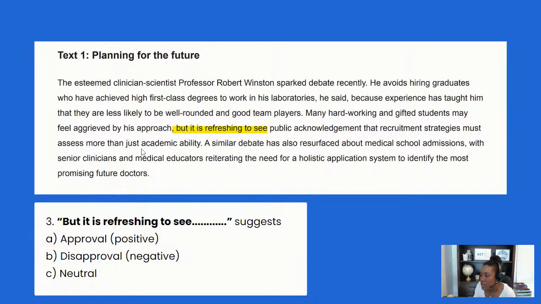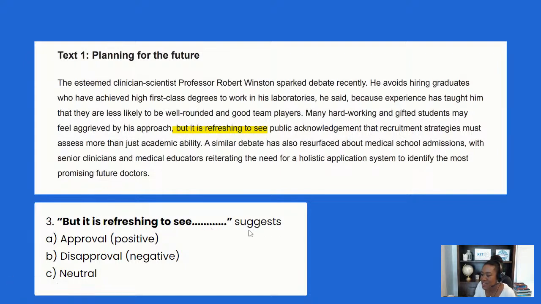Here we can see that this part of the sentence has a negative feel to it, aggrieved by. So they don't feel good about this approach if they're hardworking and gifted. Then we have but, introducing a contrasting point of view. So, but it's refreshing to see.